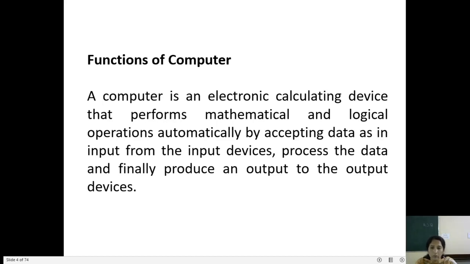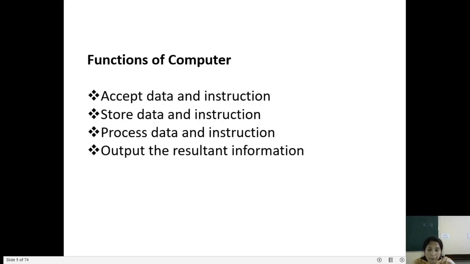The main function of the computer is calculating, performing mathematical and logical operations automatically, accepting the data using input devices, processing the data using the processor, and displaying the data on your screen using output devices.